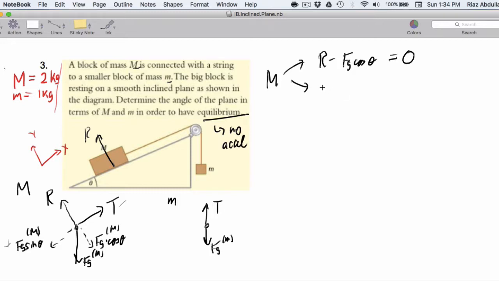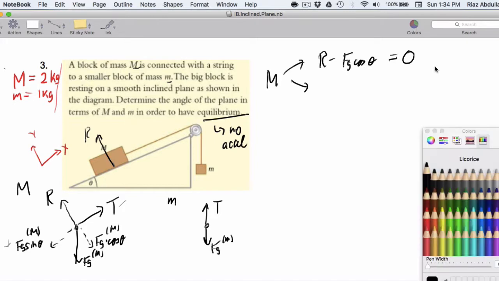In the y direction, we need to define what is positive and what is negative. So we're going to assume that going over the edge this way, in other words, moving clockwise, is positive. So for big M, that makes this direction positive, and for little m, that makes this direction positive, so that they kind of combine to have this sign. So any force that goes this way is a positive force, and for this one, any force that goes downwards is a positive force.